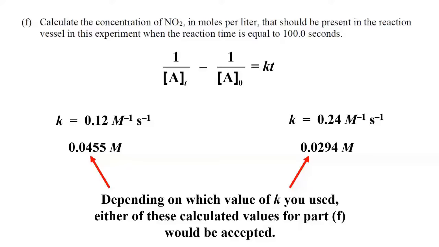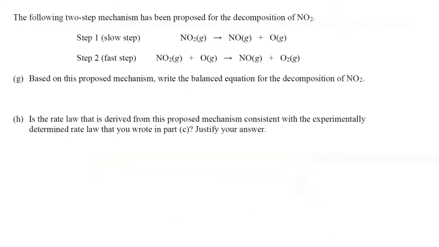All right, let's take a look at part G of this question. The following two-step mechanism has been proposed for the decomposition of NO2. So we have step 1 and step 2. We're going to add them together. And if there's anything I can cross off on both sides of the equation, like an intermediate, I would take care of that.